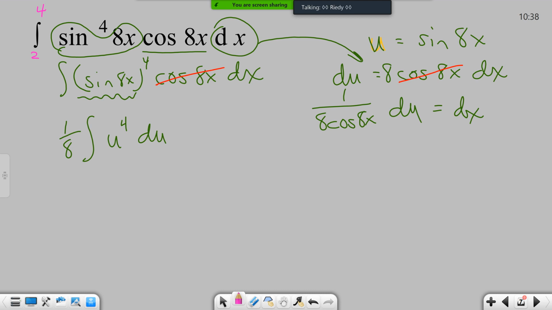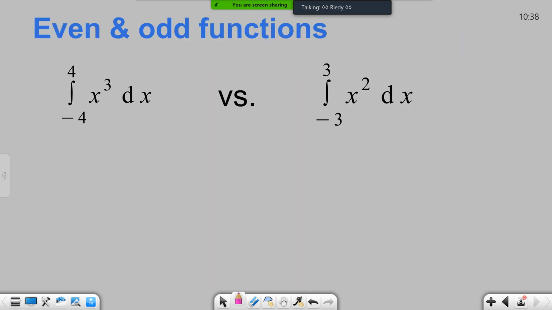Good? Yeah? All right, last thing, and then we'll take a look at day 44. Even and odd functions. We did this way back in the pre-calc stuff in the beginning of the year. Remember that even functions are symmetric about the y-axis. So for instance, x squared is an even function.